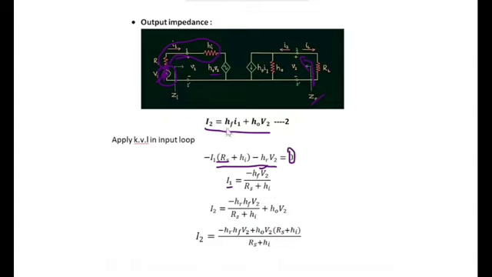In this equation, if we substitute the I1 value, then we will get I2 is equal to minus HR into HF into V2 by Rs plus Hi.